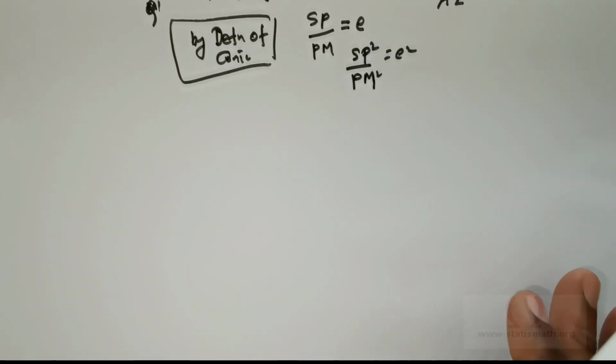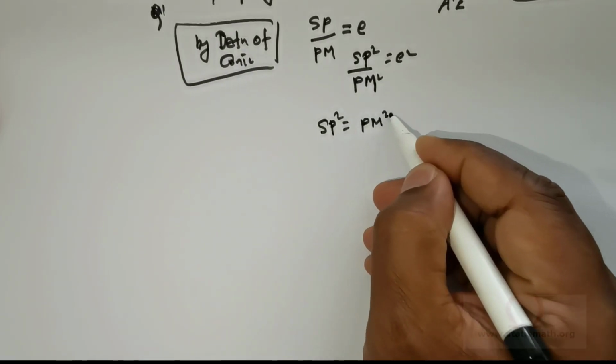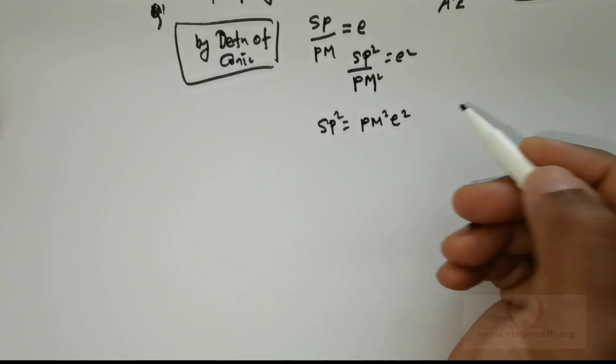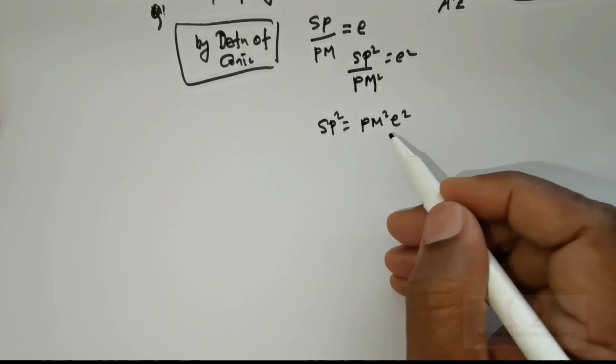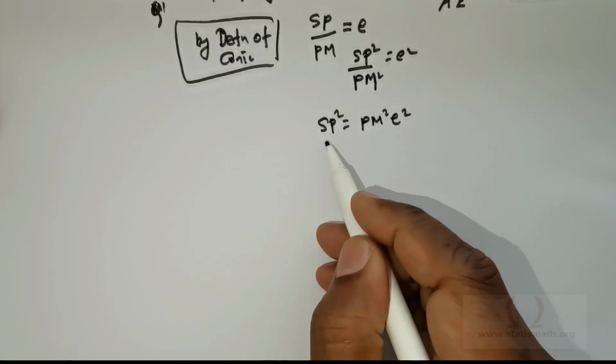Now moving on, if I were to write this as SP squared is equal to PM squared times e squared, then I would easily replace this relationship.